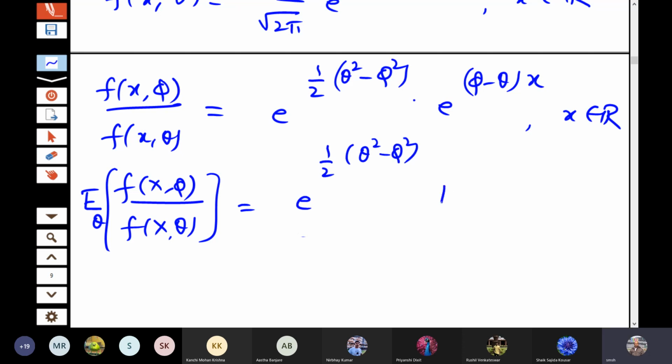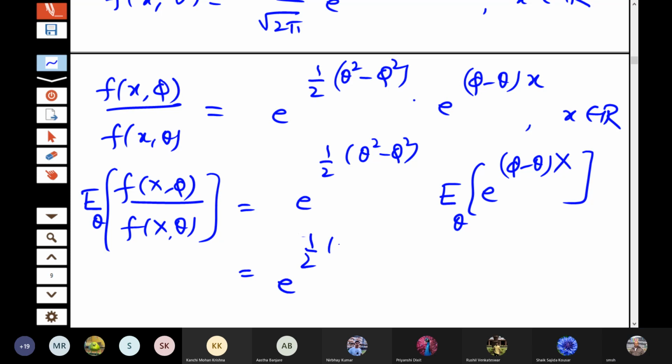And you will have the expectation of e to the power (phi minus theta) x, which is nothing but the moment generating function of x at the point t is equal to phi minus theta.